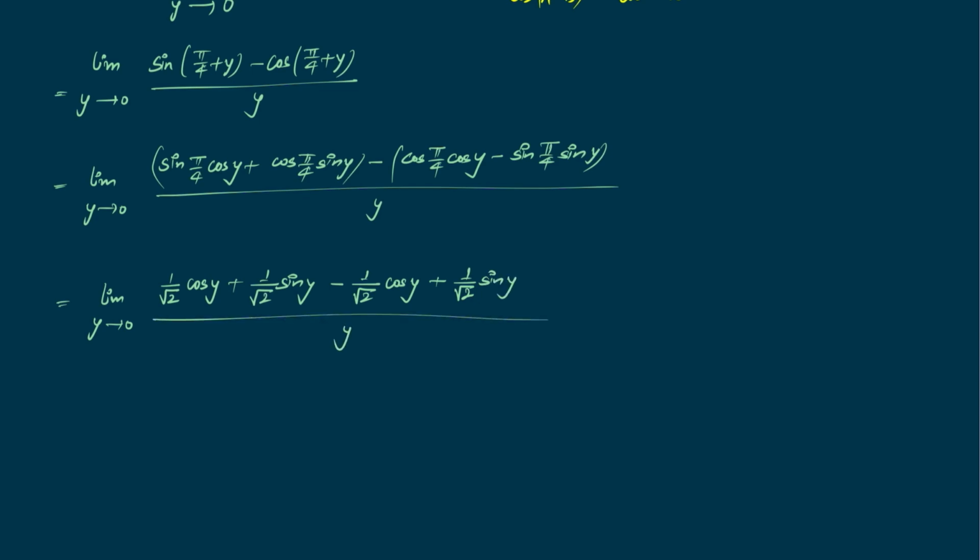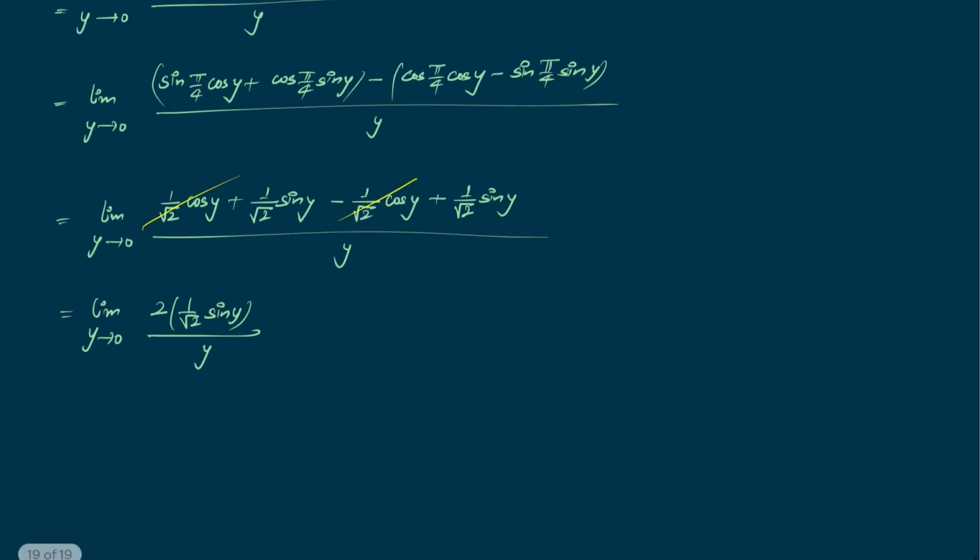So here, as you can see, this portion and this portion are getting cancelled. So here in the numerator we have limit y tends to 0, 1 by root 2 sin y plus 1 by root 2 sin y means 2 times 1 by root 2 sin y divided by y.